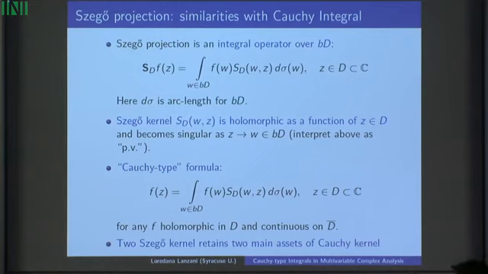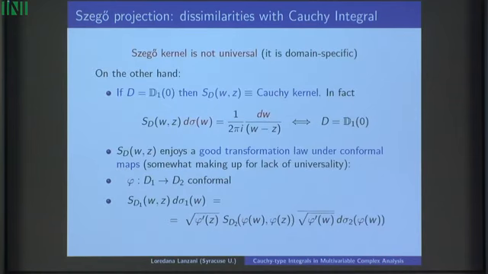If you start with a data f, which is analytic inside and continues up to the boundary, you can reproduce it by integrating it against the Szegő kernel. And so, the Szegő kernel retains two of the main assets of the Cauchy kernels that we mentioned earlier.